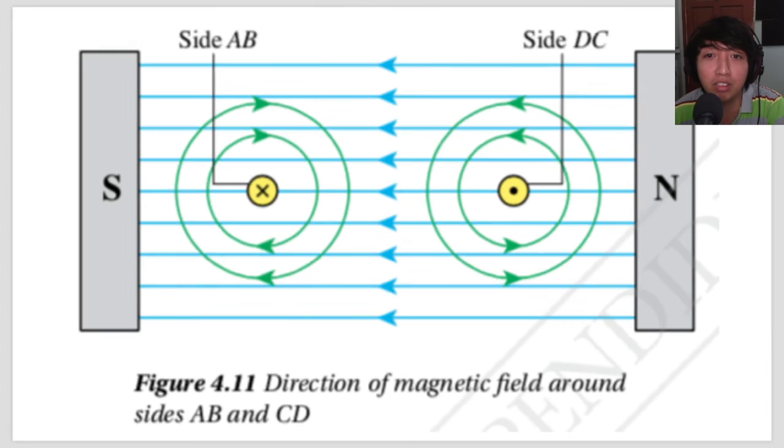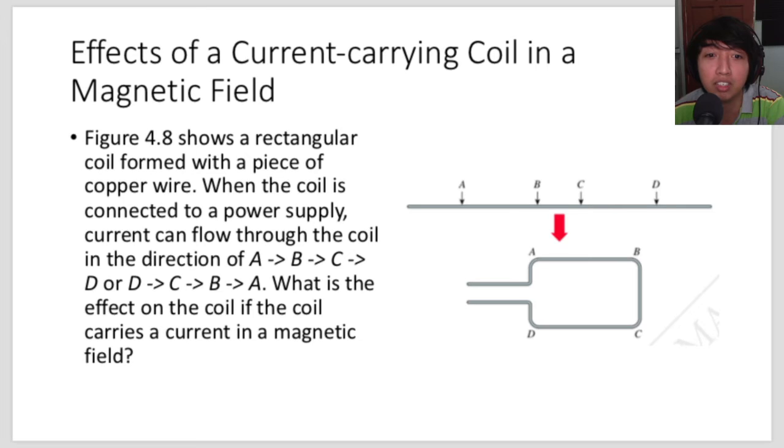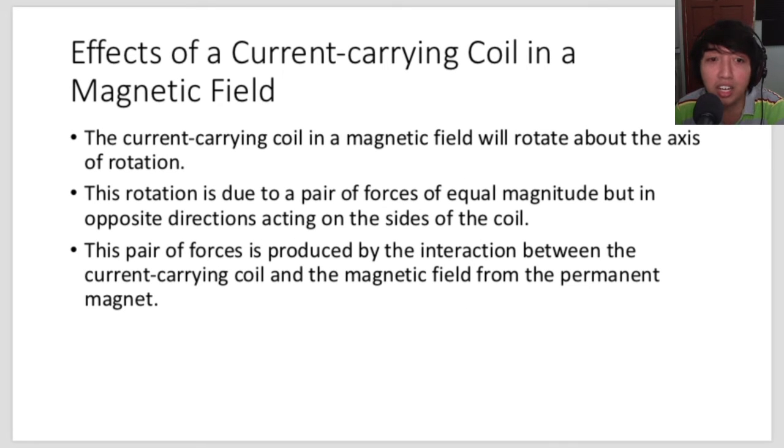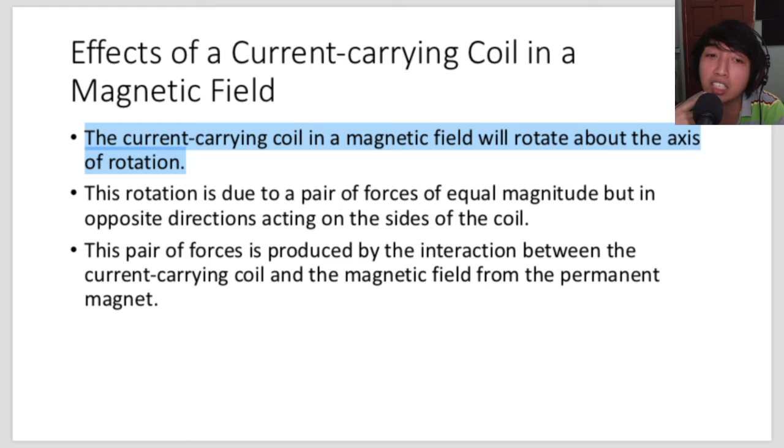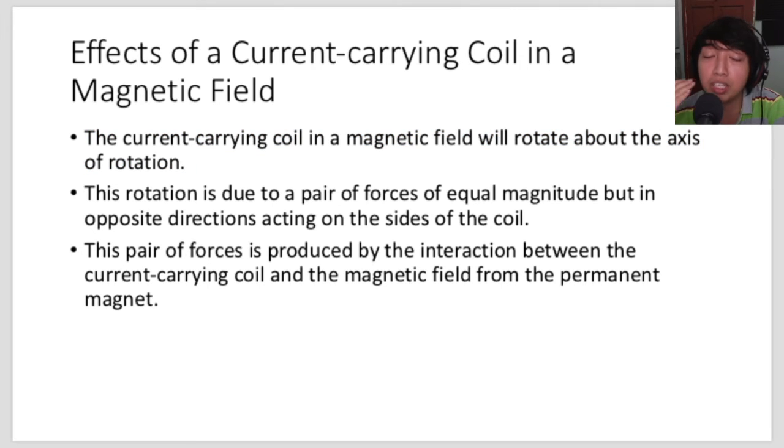All right, so let me go back to the explanation. So what is the explanation? The current carrying coil in a magnetic field will rotate about the axis of rotation. Of course, you need to let it be free to rotate. If you put it on something that's fixed, then of course it will not be able to rotate.